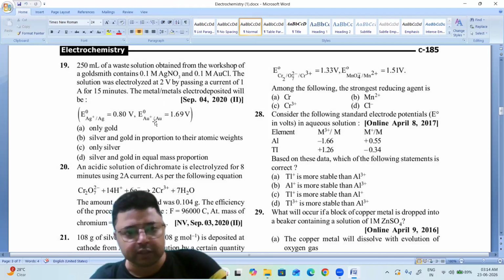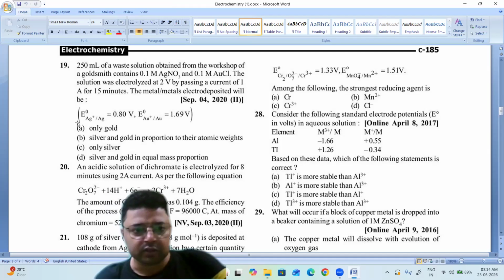As gold here has a higher standard reduction potential value, gold will be deposited first, then silver will get deposited. At first gold will be deposited and then silver. So here the answer will be only gold.